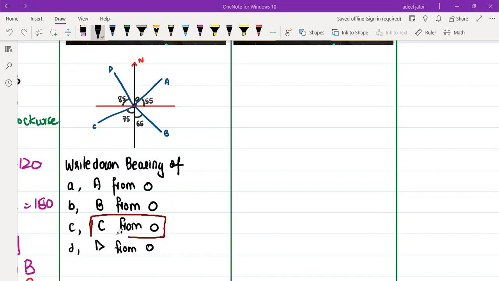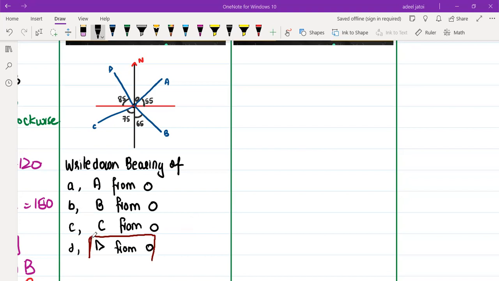Then we need C from O. C from O means the north of O to the line of C. Now we know this is a straight line of north. This will create 180 degrees. So 180 plus 75, we'll get the bearing of C from O. That means clockwise from the north to the line of C. So 180 plus 75 will be 255. So the answer for this is 255.